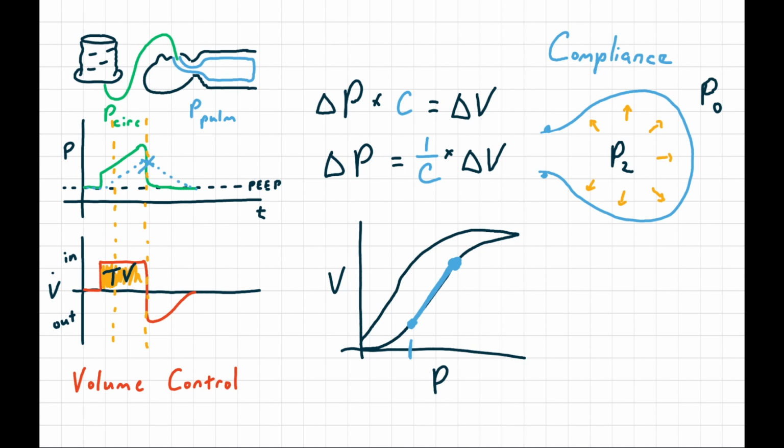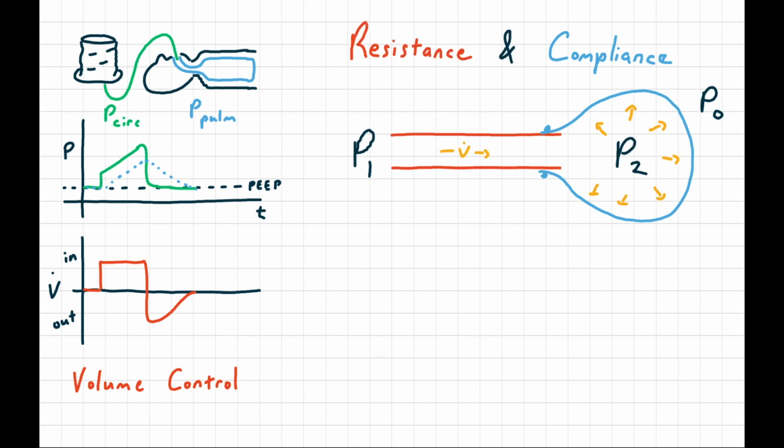Alright, so now we have resistance, defining the behavior of gas flowing through the airways into the lungs, and compliance, defining the pressure buildup in the lungs as that gas is delivered. If we put them together, we have the difference between P1 and P2 equals resistance times volumetric flow, and you have the difference between P2 and P0 equals 1 over your compliance times your change in volume.